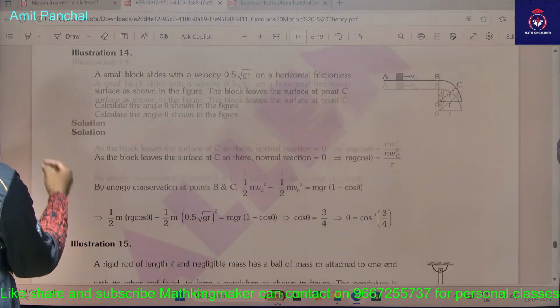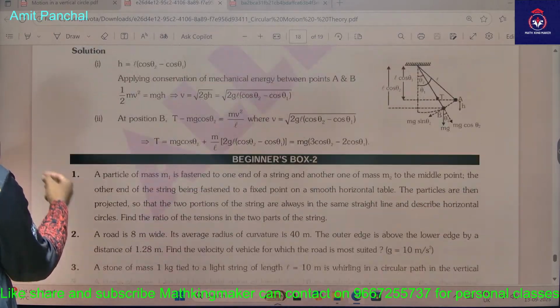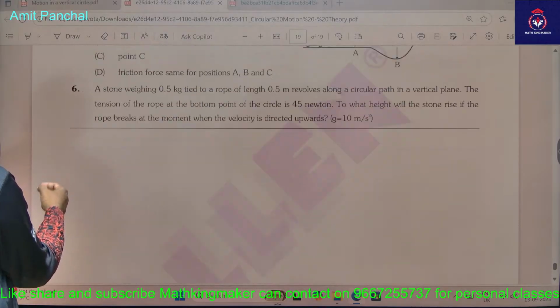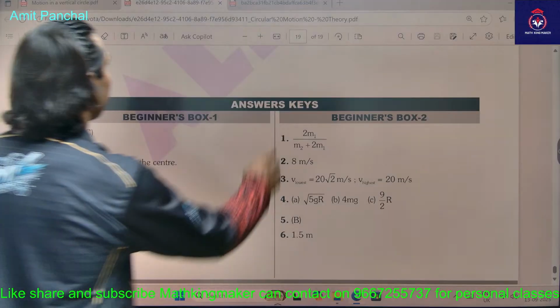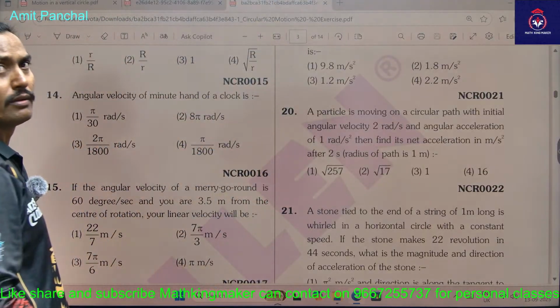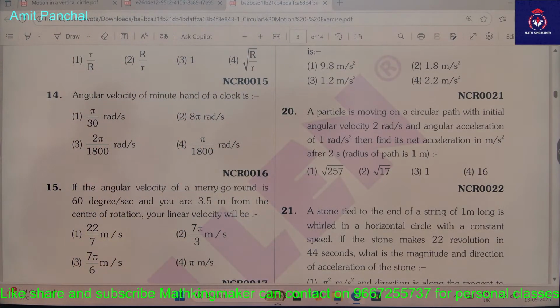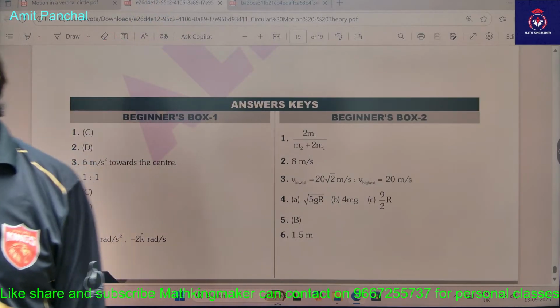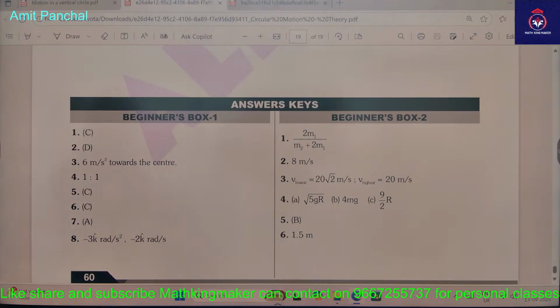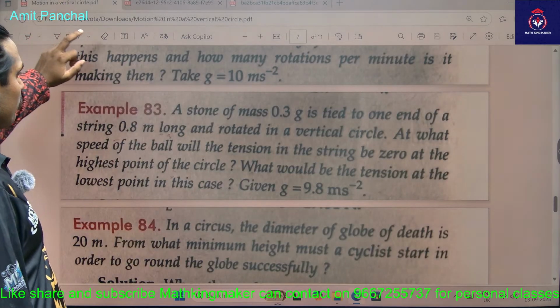I don't think... can you go to page number 58? 58 is not there, this is 16, only 19 pages are there. No, in this one there's page number 60, right? Like that, 58.